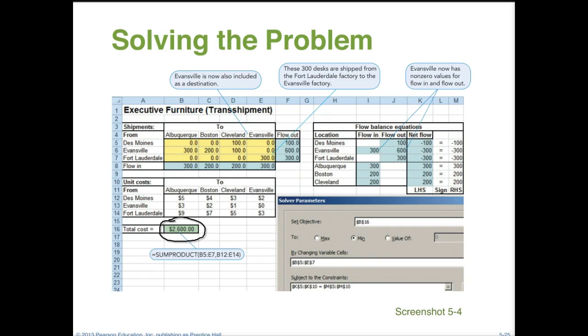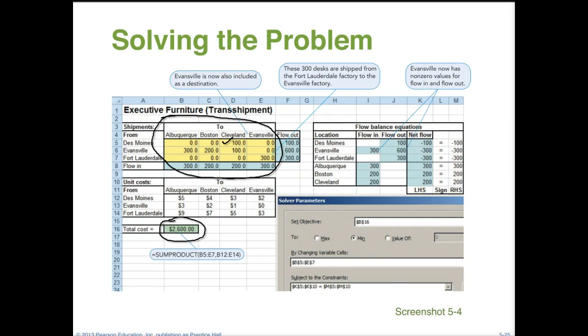Now, you also see what our solutions look like whenever we run our Excel solver here. So we see that for Des Moines, we still have some product going from Des Moines to Cleveland.